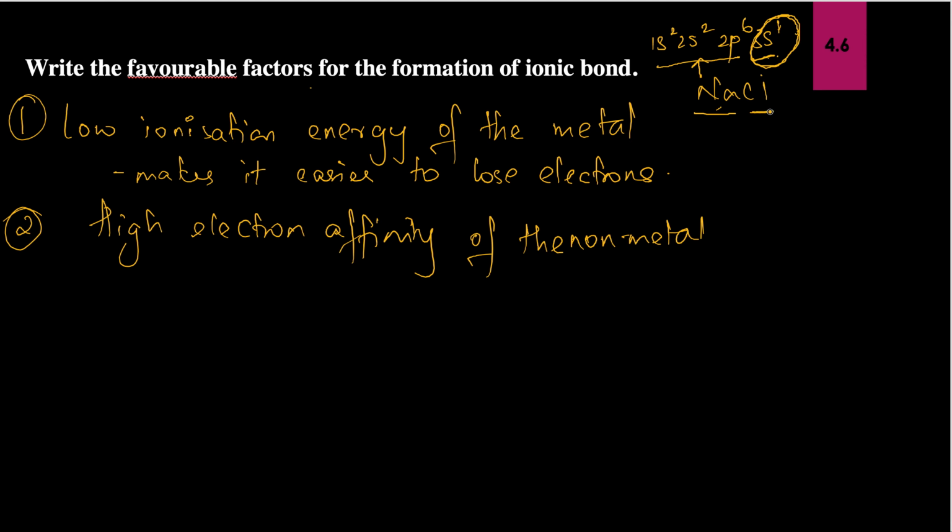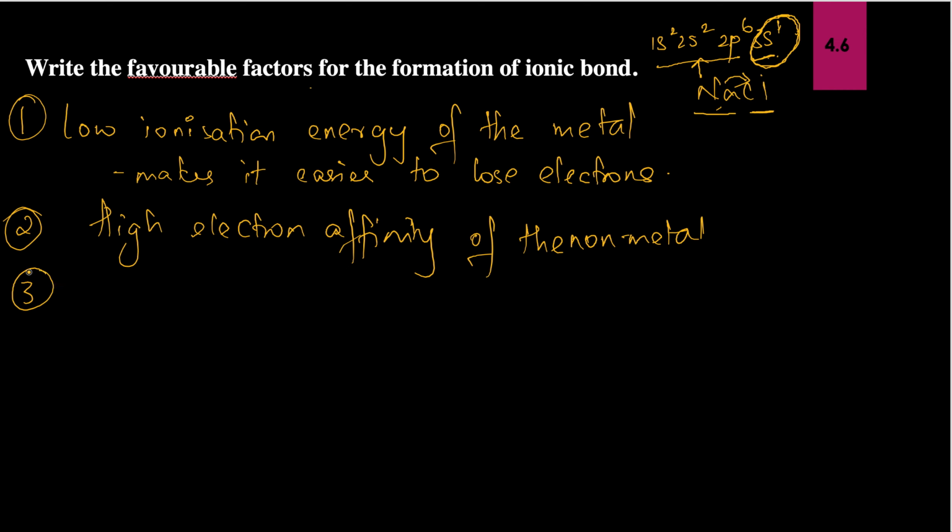This non-metal standing here must have that higher energy to pull the electron from sodium, so it can easily form an anion. The ones that generally have a high electron affinity are your halogens, which is basically chlorine, fluorine, bromine, and all of that. Okay, so low ionization energy of the metal, high electron affinity of the non-metal.